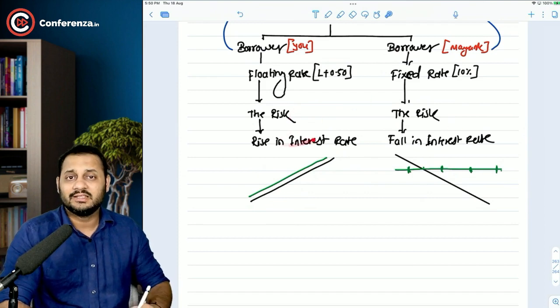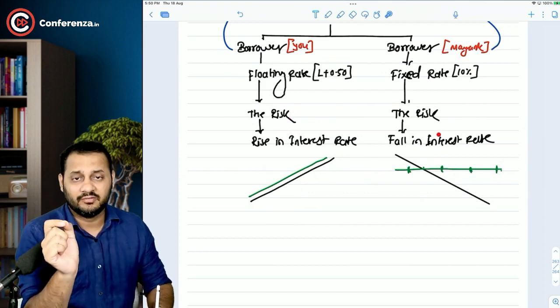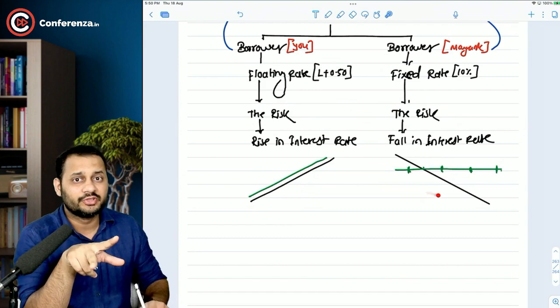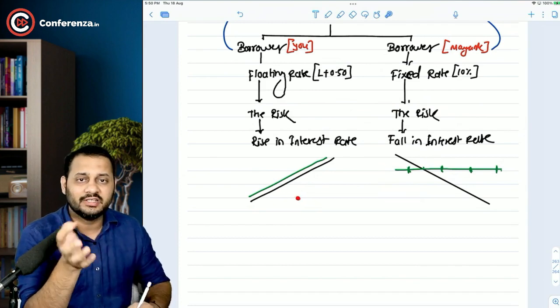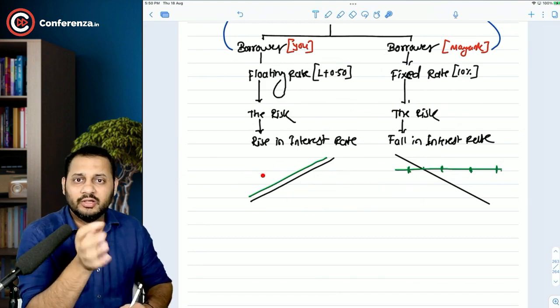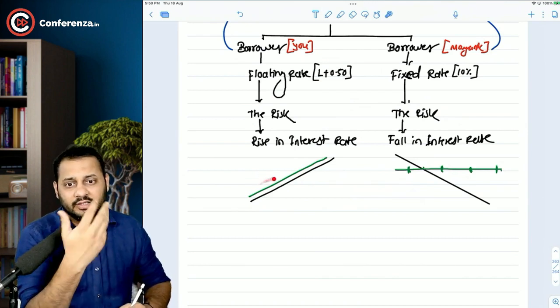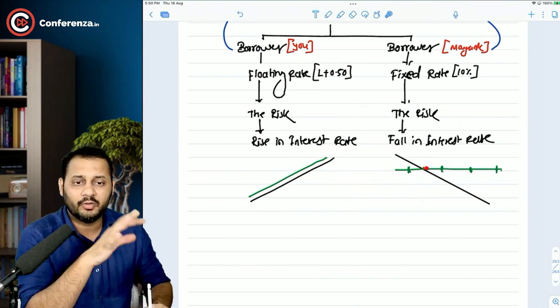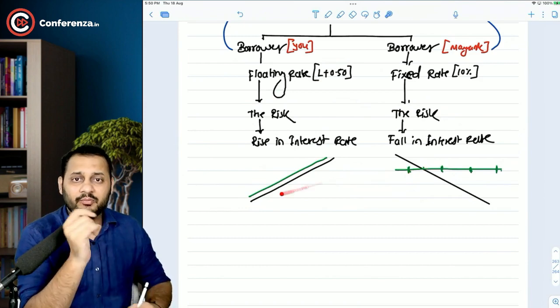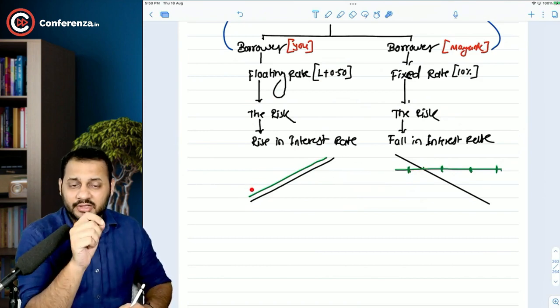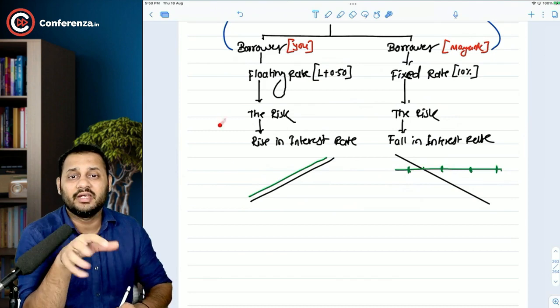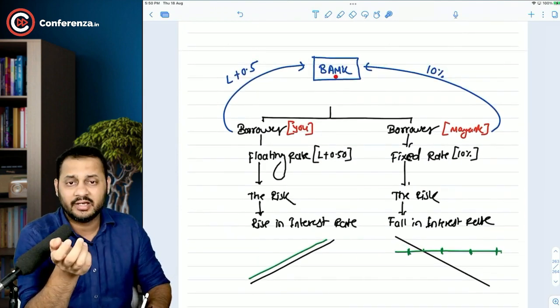And both the parties now can hedge themselves, because both of them have an opposite view for the future. Obviously one of the two will become true. After 3 months the interest rate will either have gone up or gone down. But today both of them are thinking exactly opposite, and both of them are scared of making high interest payments to the bank.